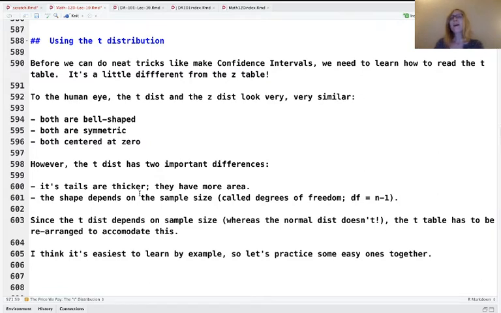There are a couple of important differences, though. First, and most importantly, the t distribution has thicker tails. The t distribution has thicker tails than the normal distribution. It's hard to tell when you're just looking at a picture of one of them, so let me show you another picture.